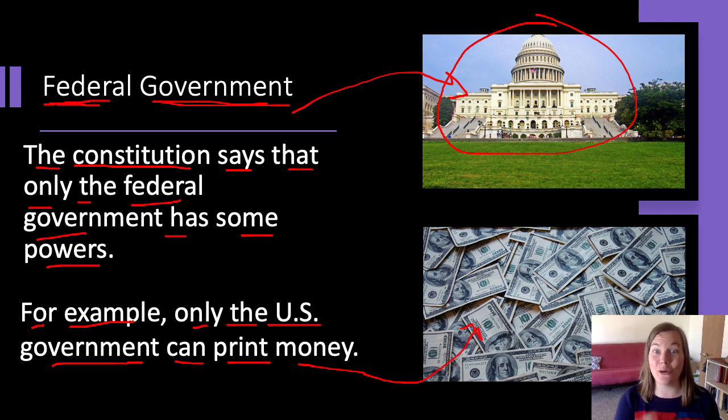If you go to California or New York, you use the same money. So the money is for all the United States, or it is a power of the federal government. So if you hear power of federal government, think to print money.